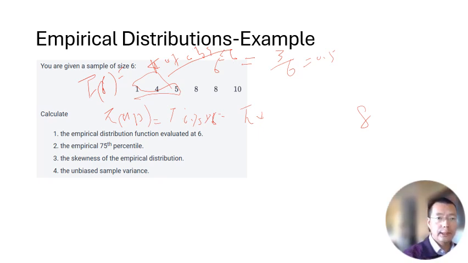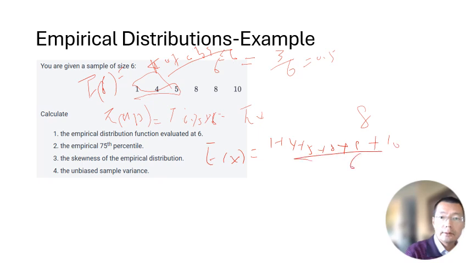The third question is asking the skewness of the empirical distribution. Of course, to calculate anything like skewness or variance, we have to calculate E[X] first. So first we calculate E[X], which is just adding them all together over 6. 1 plus 4 plus 5, 10, plus 8, 18. 18 plus 18, 36, divided by 6, so it's equal to 6.